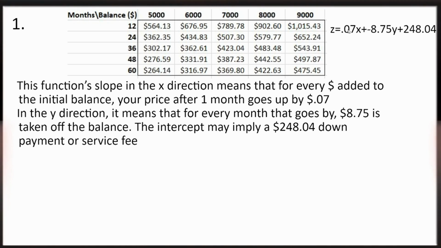As you can see, that positive 0.07 means the payment is going up every month. In the y direction, it means that for every month that goes by, $8.75 is taken off the balance.